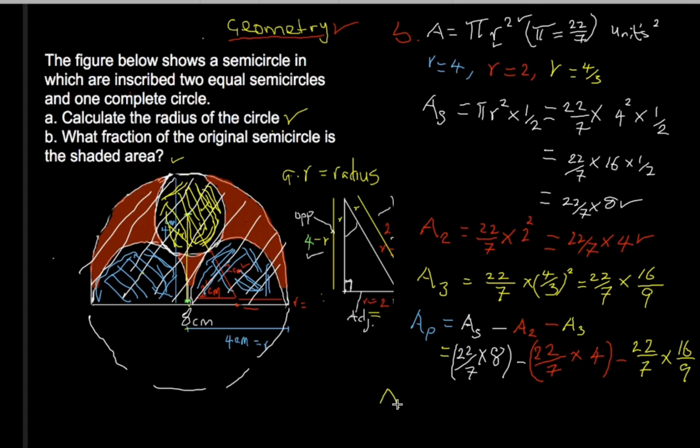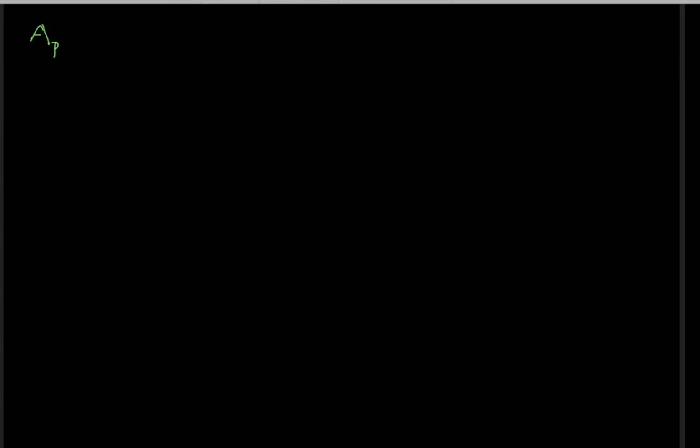It's only right that I factor 22/7 out. So I'll have 8 minus 4 minus 16/9. The shaded portion is equal to 22/7 all bracket 8 minus 4 minus 16/9.